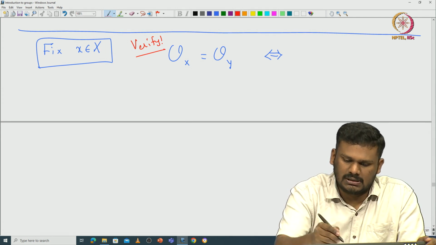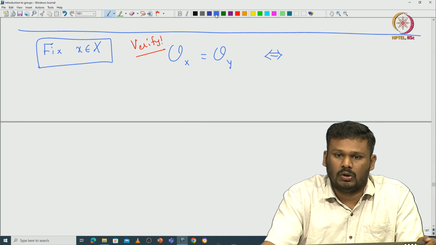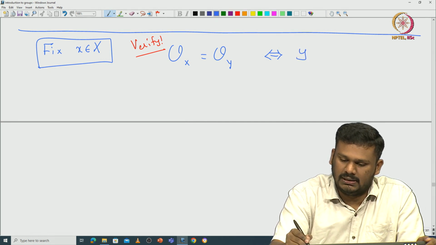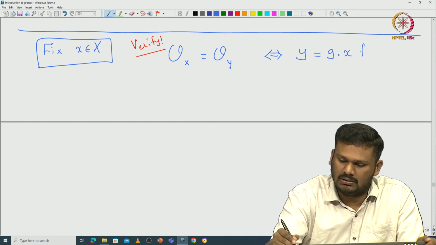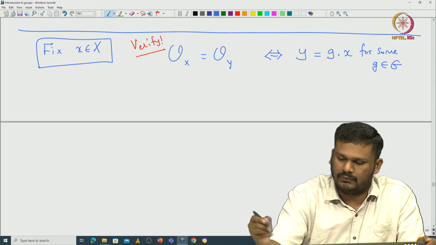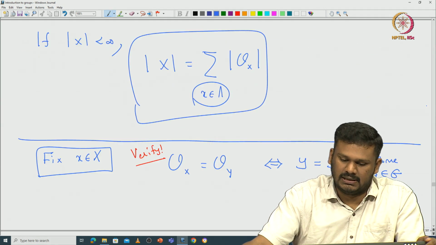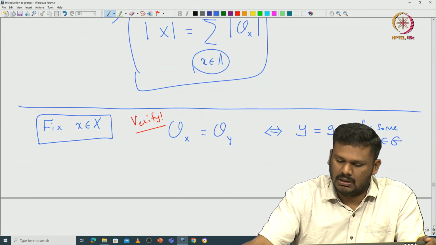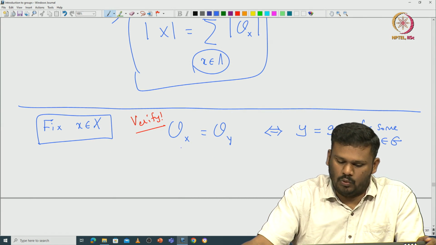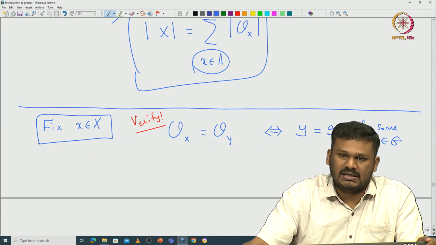So, orbits are the same if and only if y is equal to g dot x for some g in G. It is exactly the same proof, because if O x equals O y, then y is in O y.